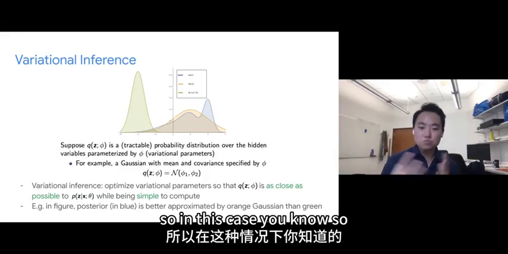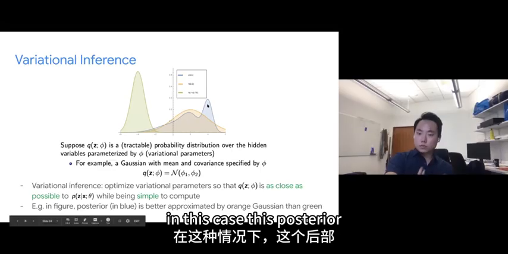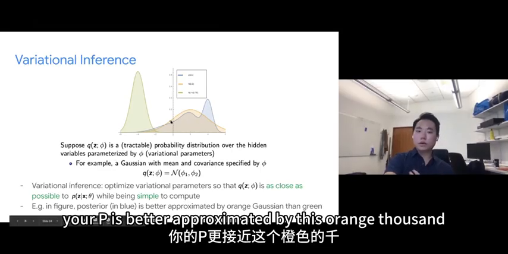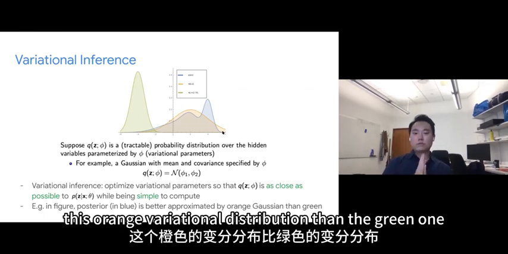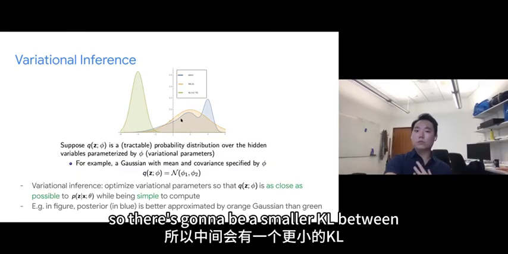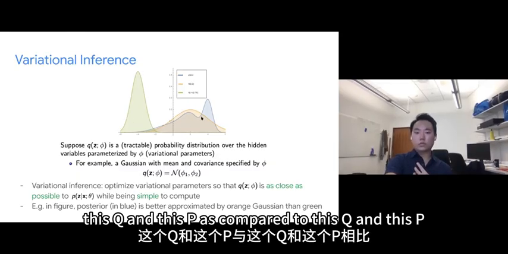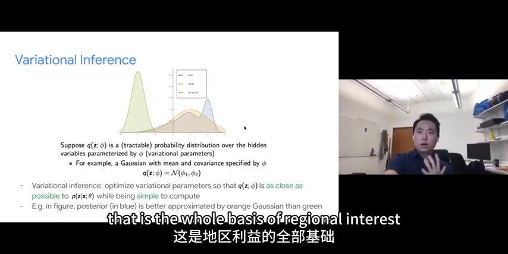So in this case, this posterior P is better approximated by this orange Gaussian, this orange variational distribution, than the green one. So there's going to be a smaller KL between this Q and this P as compared to this Q and this P. That is the whole basis of variational inference.